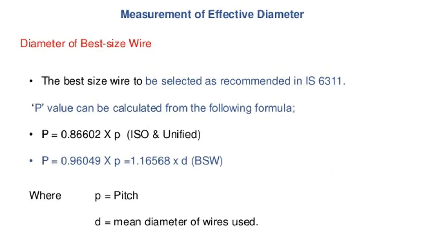So here P is taken as the pitch diameter and small d is equal to the mean diameter of the wires used. So these are the two values for the pitch condition of the best size wire. D is the mean diameter of the wires which you have used.